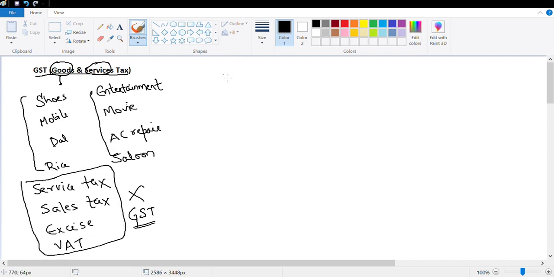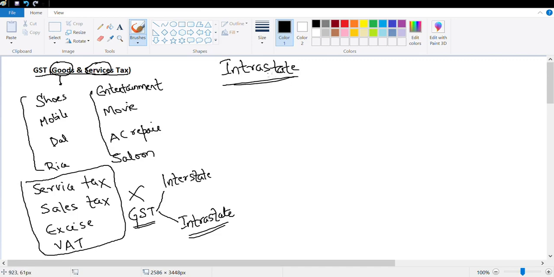Now, there are two types of GST. First, interstate, and the second, intrastate. Now, what does it mean? Well, basically, intra would mean something which originates in one state and stays in that state.